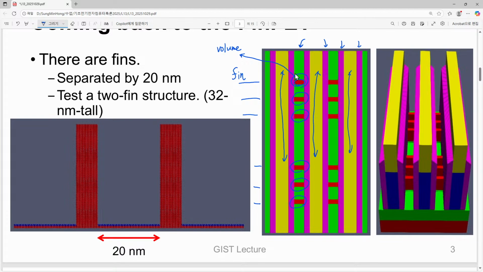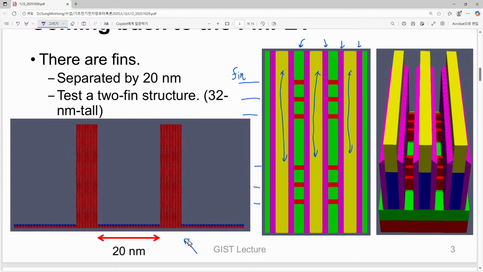Simply speaking, source and drain resistances are too high, so we wanted to increase the conductance by applying selective epitaxial growth.